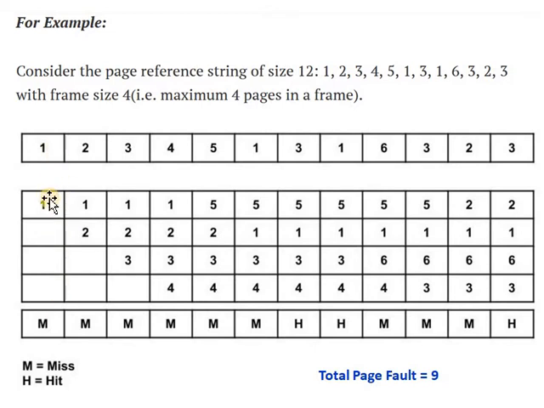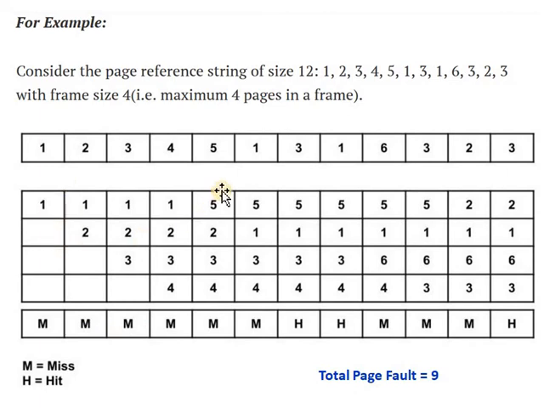So first I put 1. Next in the second free slot I put 2. In the third free slot I place the next page, and in the last free slot I place 4, because the maximum frame size is 4. So initially I stored the 4 contents. Here a cache miss occurs because the page is not present in the main memory.